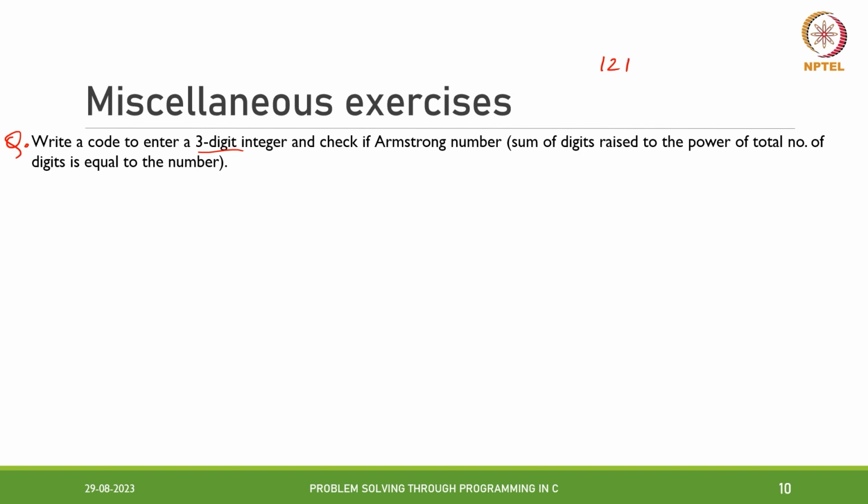Okay, 121. So 1 cube plus 2 cube plus 1 cube. So it is not 121, right? Sorry, 123. 123, sir. 123 is the Armstrong number. Yes.